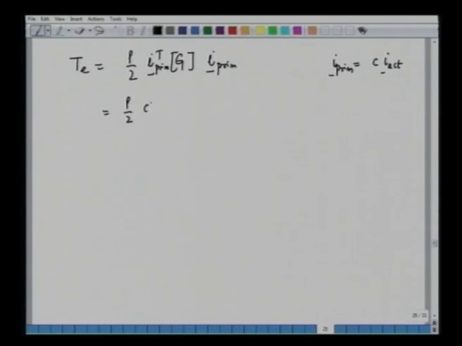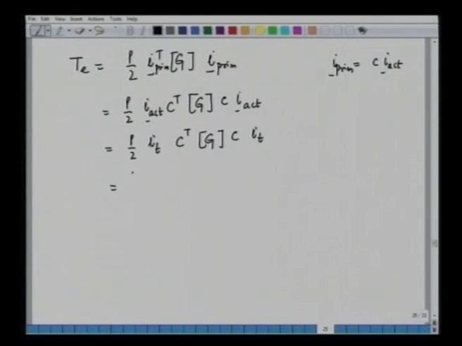This we know. So, I can replace this primitive by C I actual. So, that will be C transpose I actual G C I actual, all right, and I actual is It, this is C transpose G C It, and I can write down what is this G matrix.